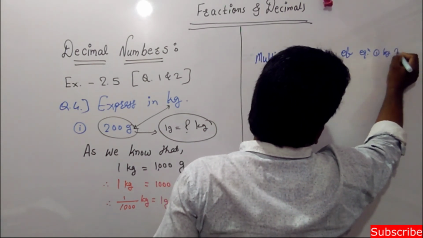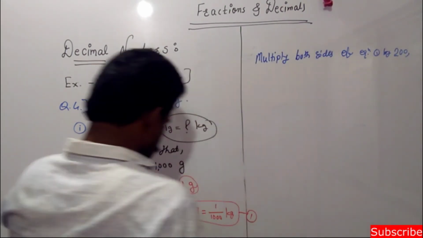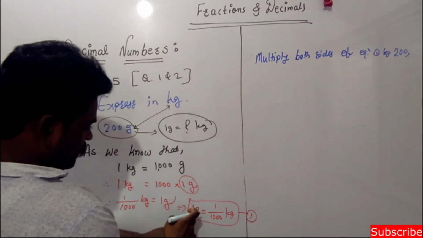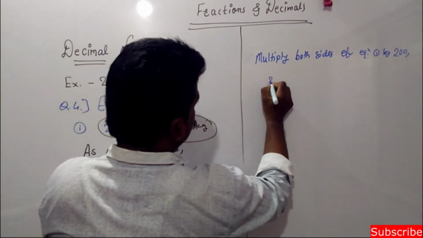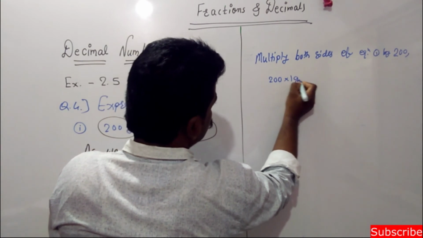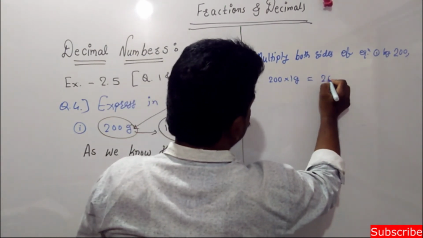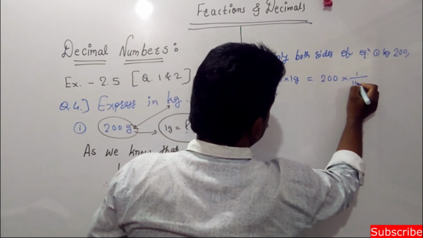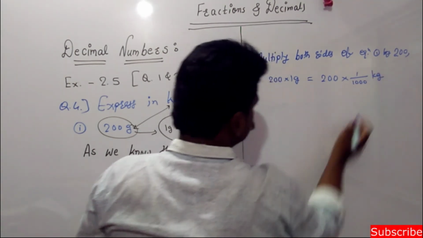So if we multiply this side by 200, 200 into 1 gram is equal to 200 into 1 upon 1000 kilogram.